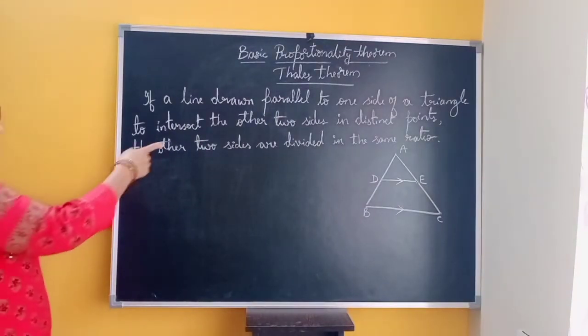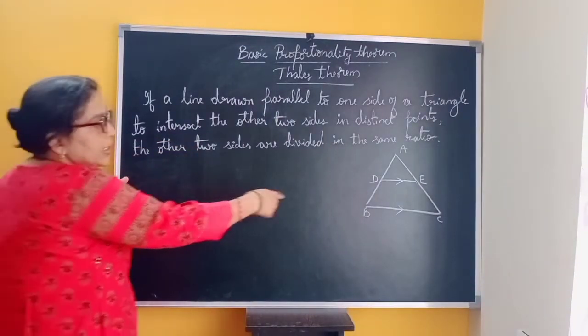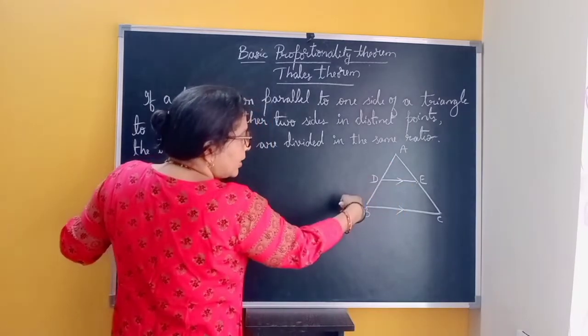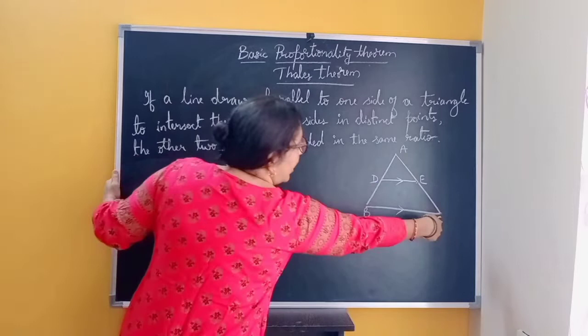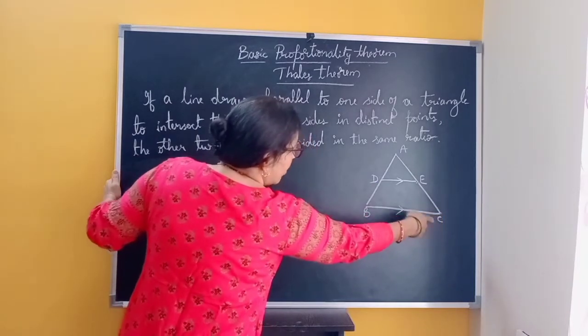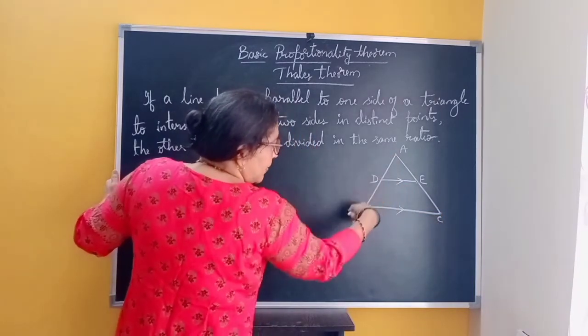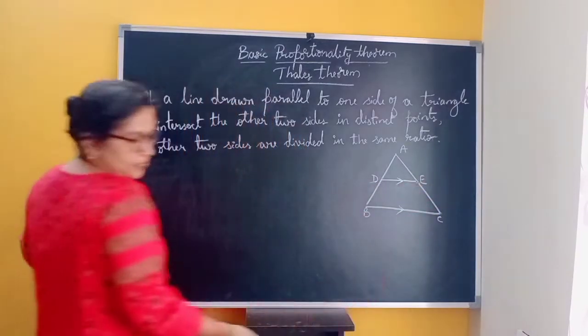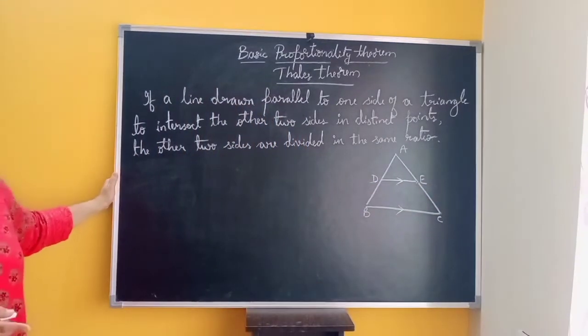What else is given here? This DE line, parallel to BC, is dividing the other two sides, intersecting AB and AC in two distinct points D and E. Now, what should be proved?